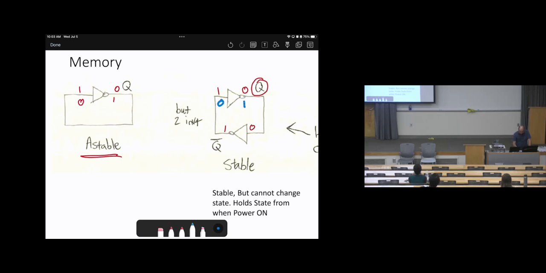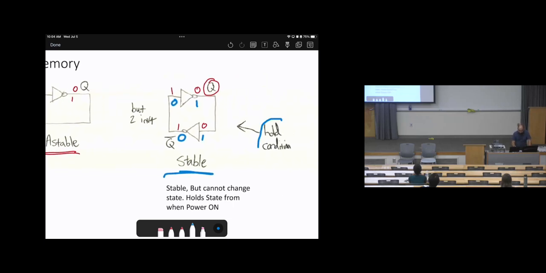This will make it 1, it keeps 1 because of the feedback, then with the inverter it will be 0. In this case, we can guarantee it will be stable and hold this data. If we store 0, it will remain 0 forever. If we store 1, it will remain 1 forever. That's the first basic requirement: making sure the information I'm storing is kept and not erased. That's how we can store it using 2 inverters.